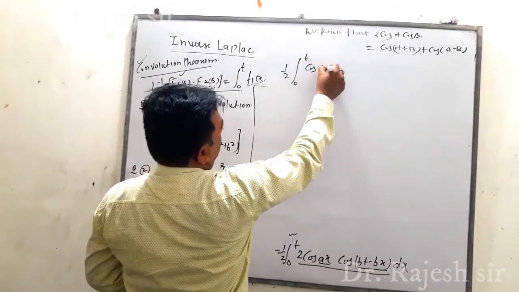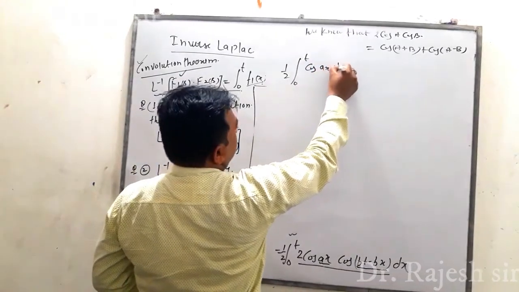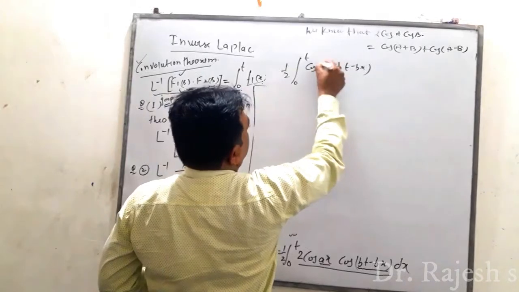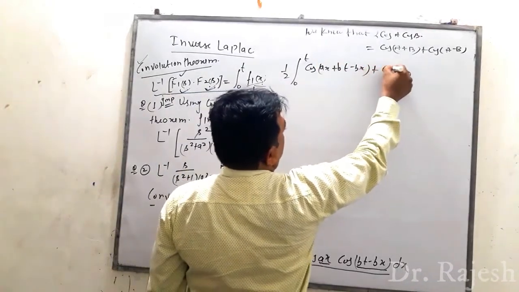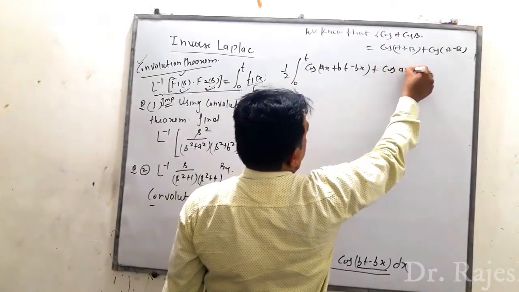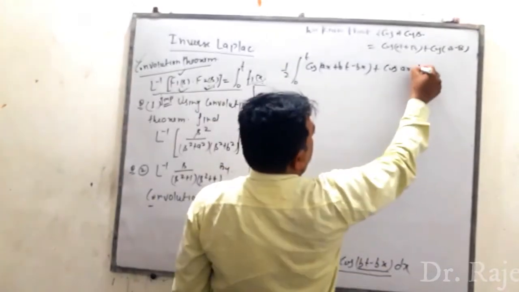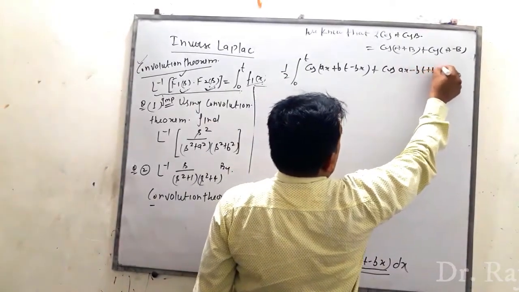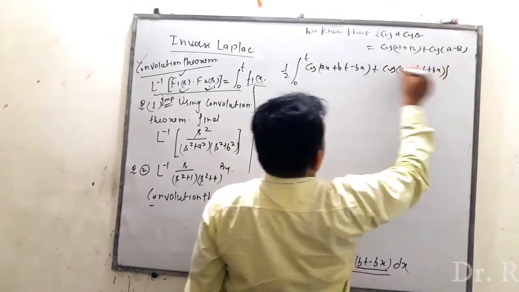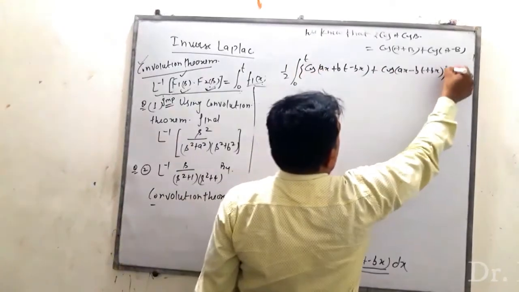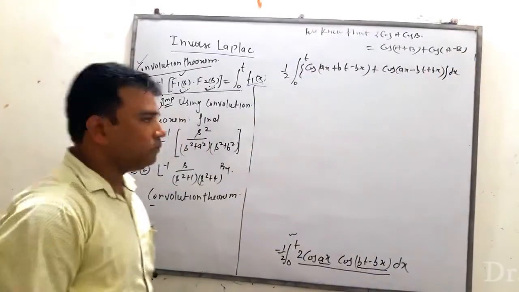Cos(ax plus bt minus bx) plus cos(ax minus bt plus bx) dx.